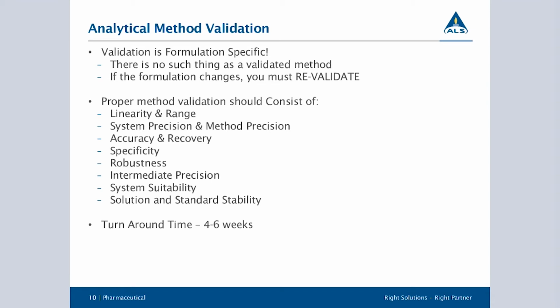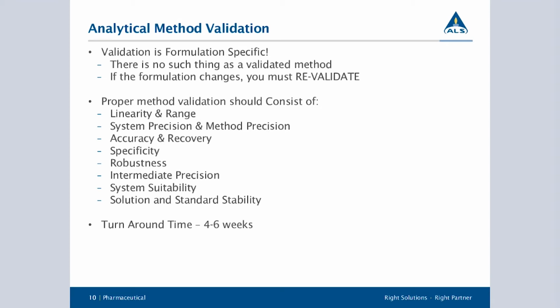I wanted to cover a few important topics on this that we run across. One of the things that companies come to us asking for is a method that's already validated. Validation is formula specific. We have methods that have been validated numerous times for lots and lots of different sunscreens, but when someone hands us a new sunscreen, the method has not yet been validated for that product.